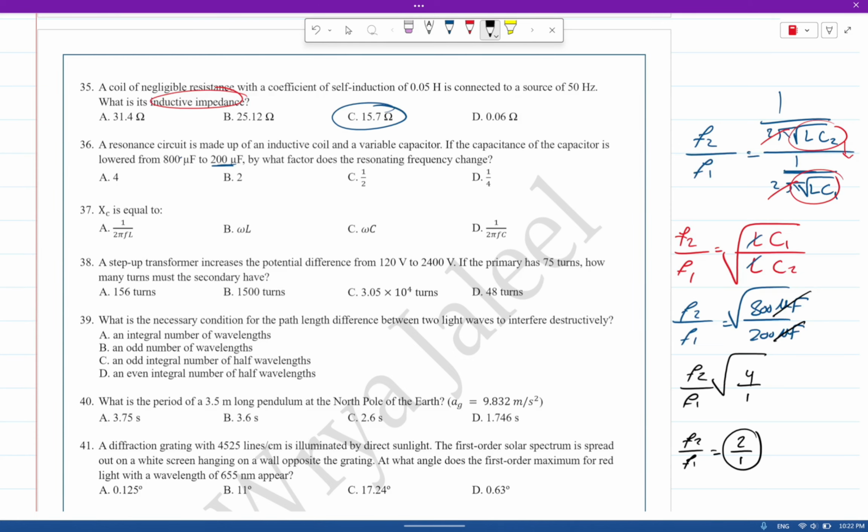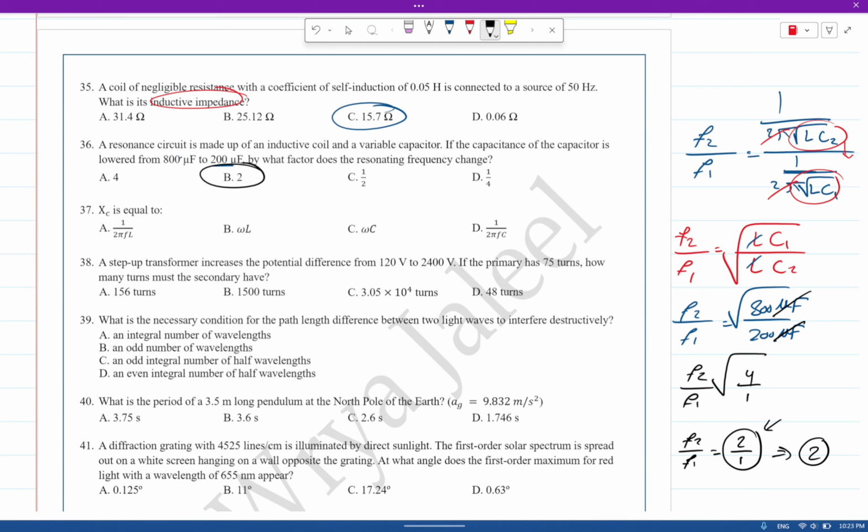But here, since they're asking for a factor, it is totally fine if we just say F2 over F1 is equal to 2, and that is going to be option C. But once again, if they ask for the ratio, you have to keep 2 over 1, because otherwise it would be incorrect.